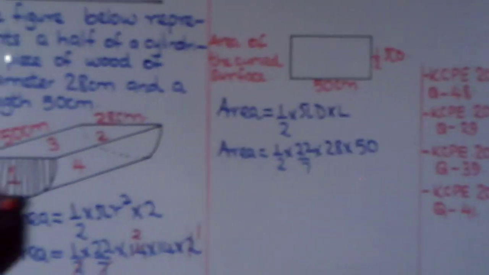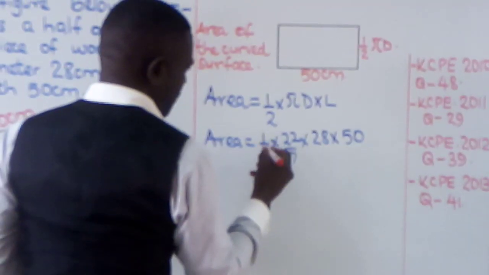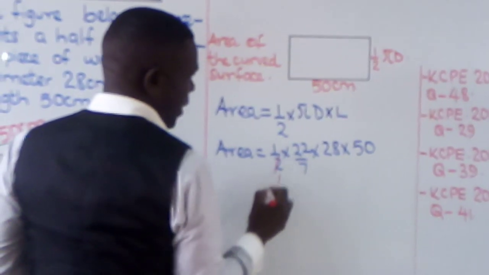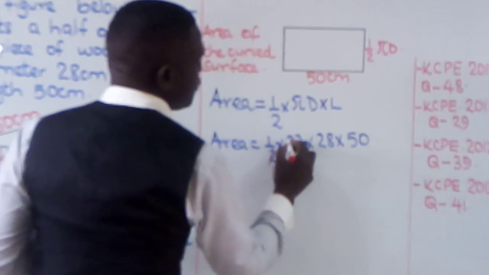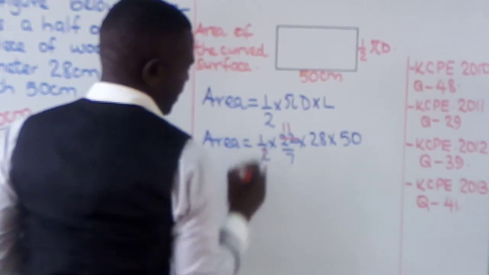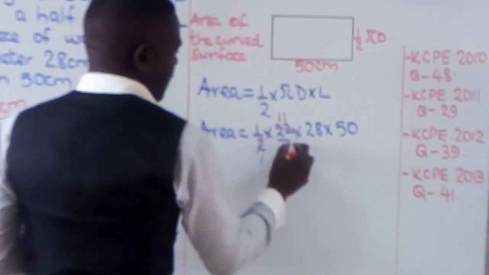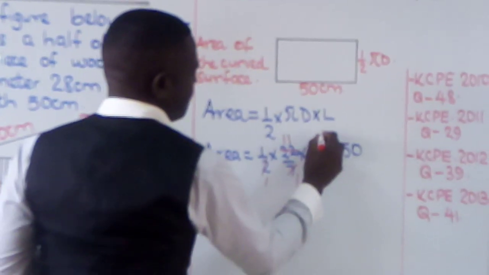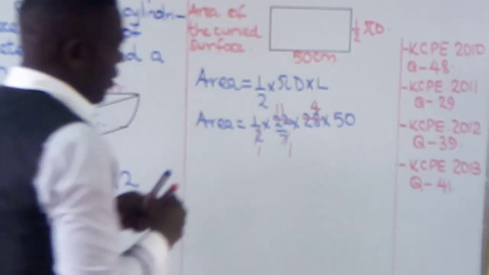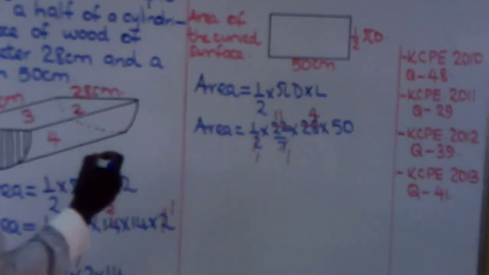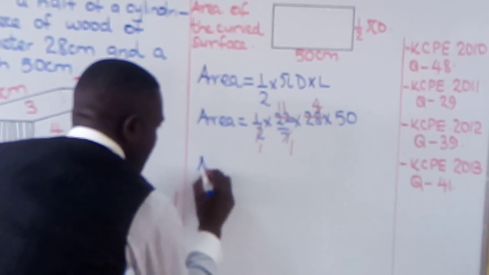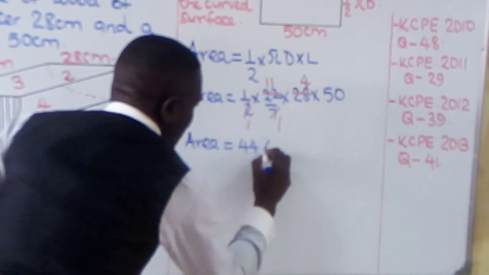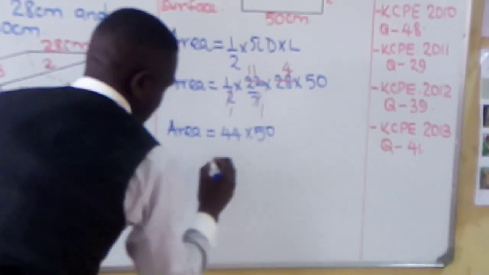Exactly. And so we simplify by cancelling. 2 by 2 is 1, 22 by 2 is 11, 7 by 7 is 1, 28 by 7 is 4. Now, what do we have here, boys and girls? Area is going to be 44 multiplied by 50.